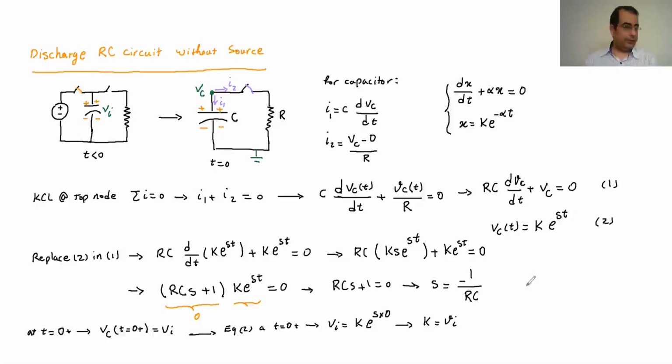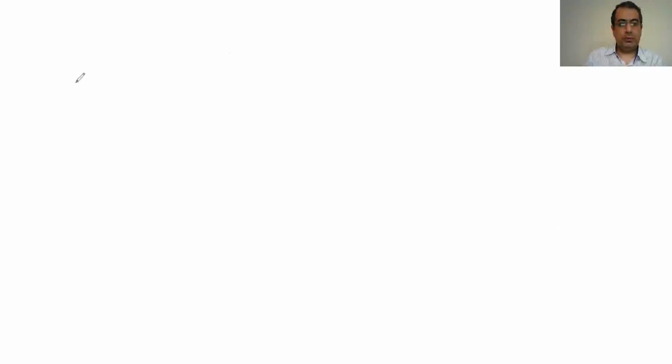So now if I put these two together, if I substitute all of these in my solution, let's go to the next slide. If I put all of them in my solution, the voltage at the capacitor over time is going to be VI, the initial voltage in the capacitor, e to the power of negative t over RC.